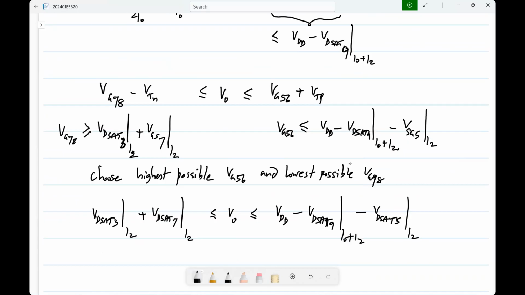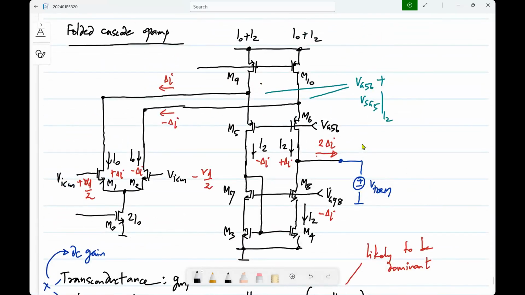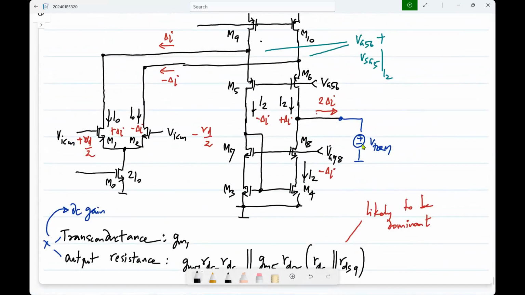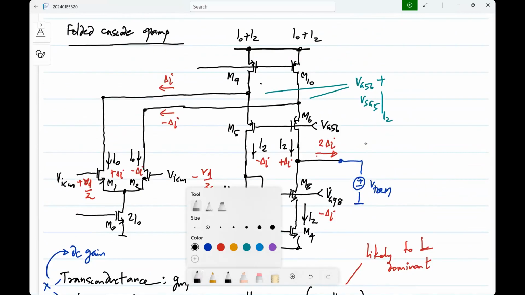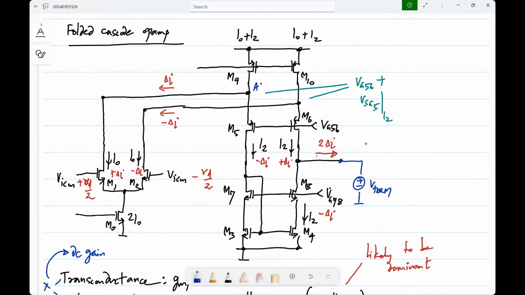Parasitic poles. We will see. Yeah. So, we will look at all those things. So, again, I think I call these nodes A, B, C, D, and E, right? Those are the additional nodes besides the output node, right? And there will be parasitic capacitances everywhere. That part is the same as the telescopic cascode.